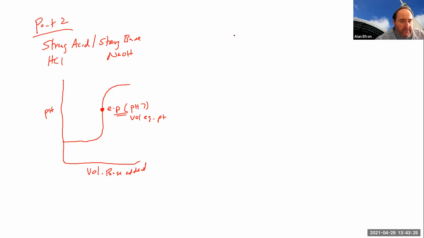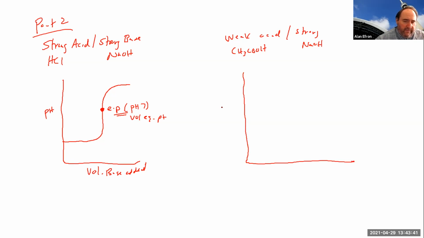The other titration we're going to do in part two is a weak acid and strong base titration, which is going to use acetic acid, I believe, and sodium hydroxide. It's also going to generate a similar looking curve, though perhaps the pH is a little bit different.